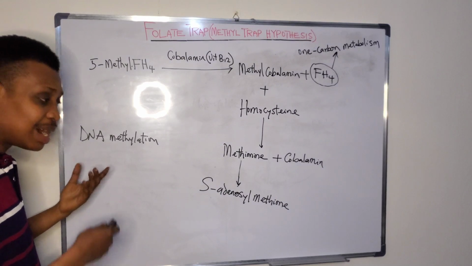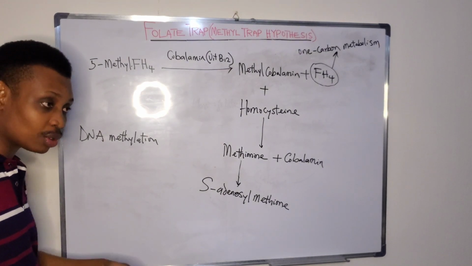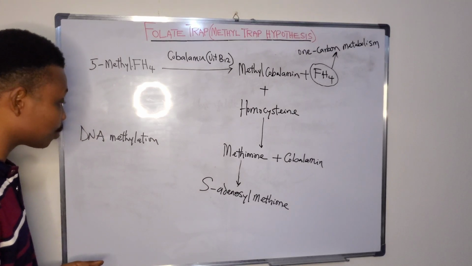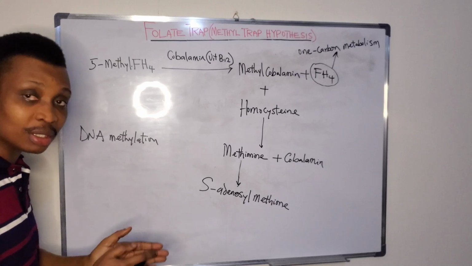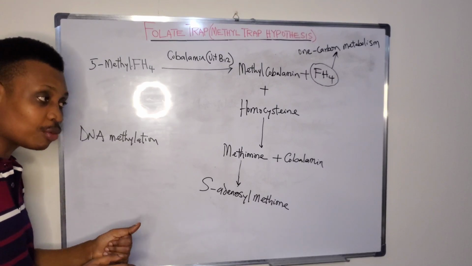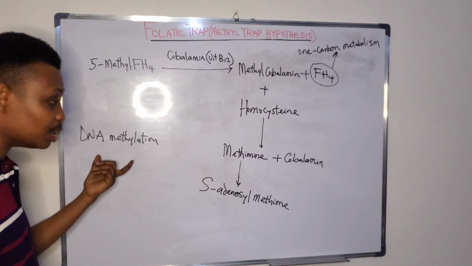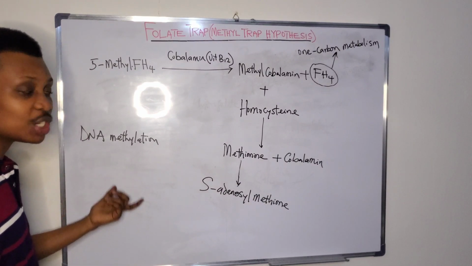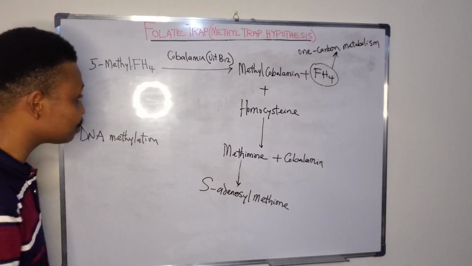So at that point, the DNA will determine the gene that will be switched on or the gene that will be switched off. That physiological role of regulating which gene is switched off and which is switched on is called DNA methylation. And DNA methylation is possible due to the presence of S-adenosyl methionine.